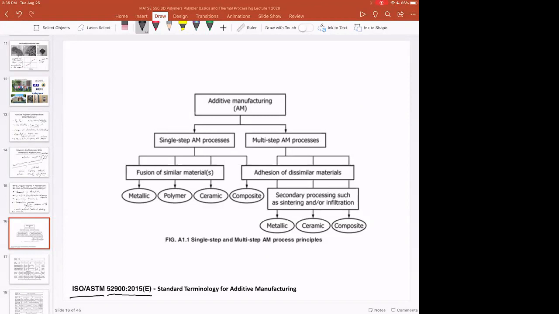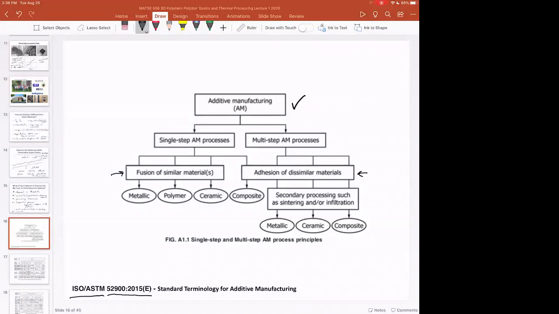And so in the realm of additive manufacturing, which you'll see abbreviated AM, there's single step and multi-step AM processes. And within these types of processes, you can have fusion of similar materials or adhesion of dissimilar materials.